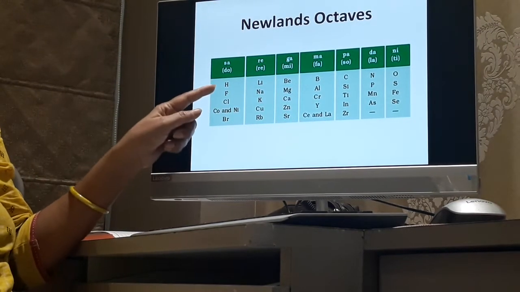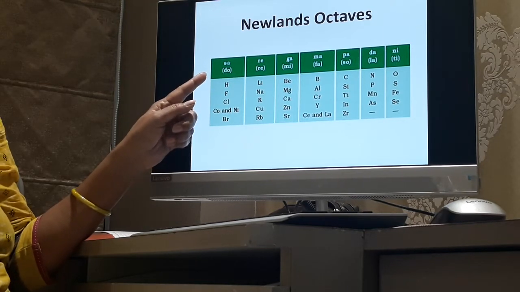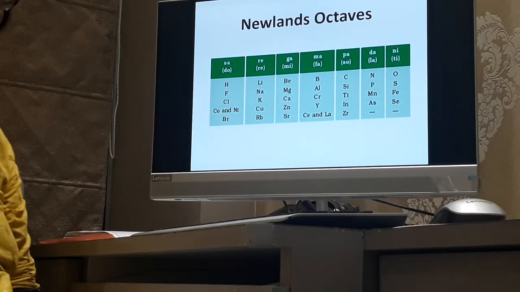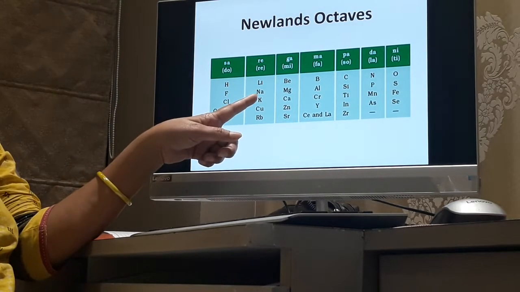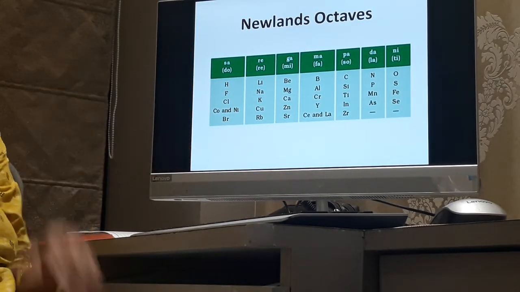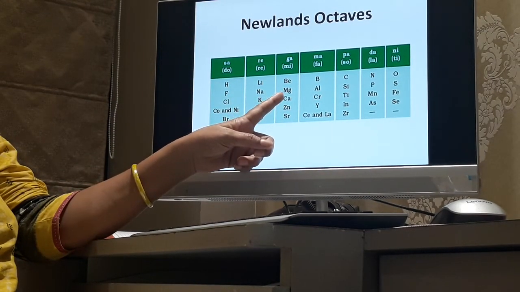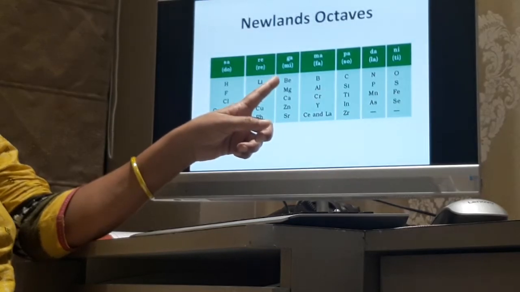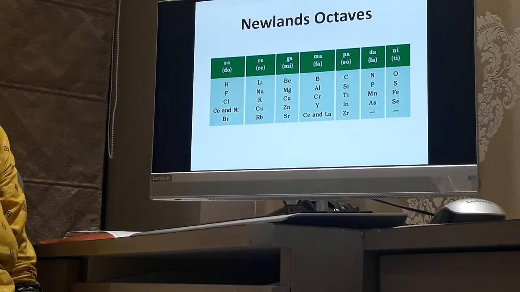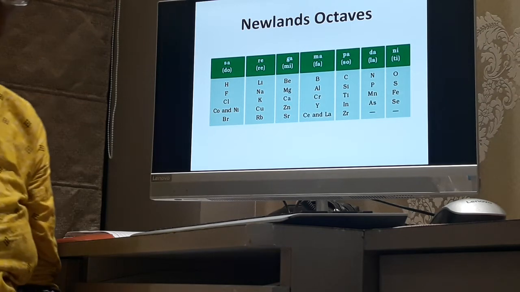Now, fluorine is the 8th element in the series, which shows similarities with the hydrogen atom. Or we can take another example. Sodium, having similarities with lithium. Or for that matter, magnesium, Mg, shows similarities with beryllium, and magnesium is the 8th element in the series. So this is how Newlands' law is explained with this example.